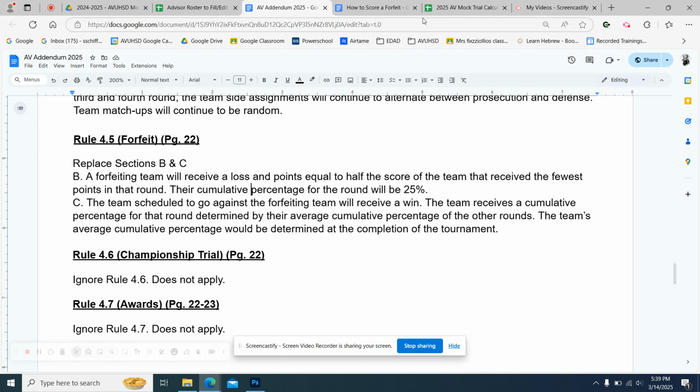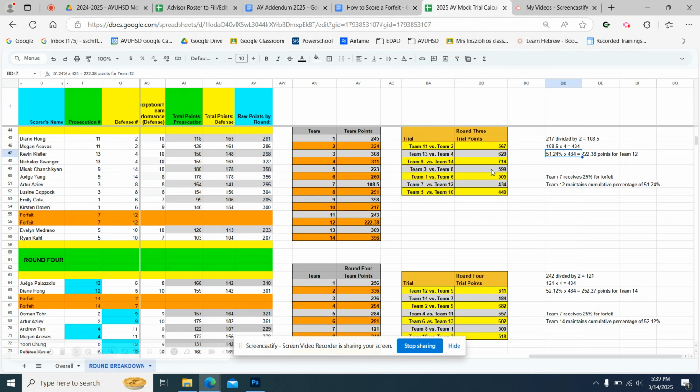Okay, so in the case of Team 12, their average cumulative percentage was 51.24%. So therefore, I had to take 51.24% and multiply it by the total amount of points in the round, and then I got 222.38 points for Team 12 in that round.